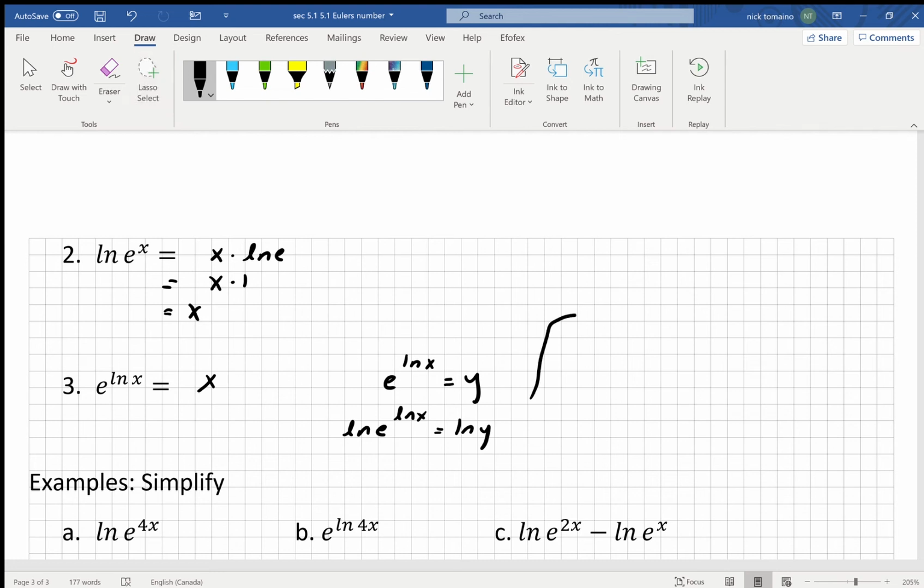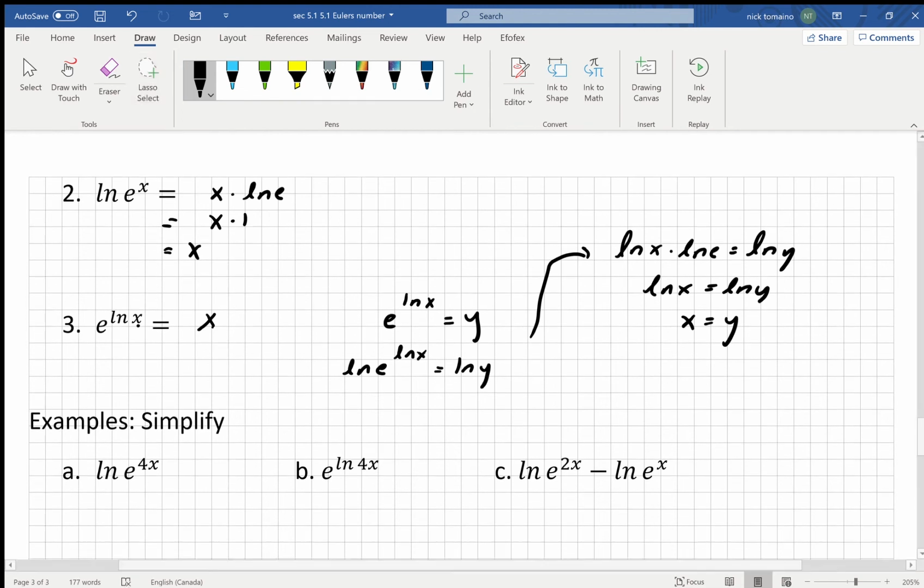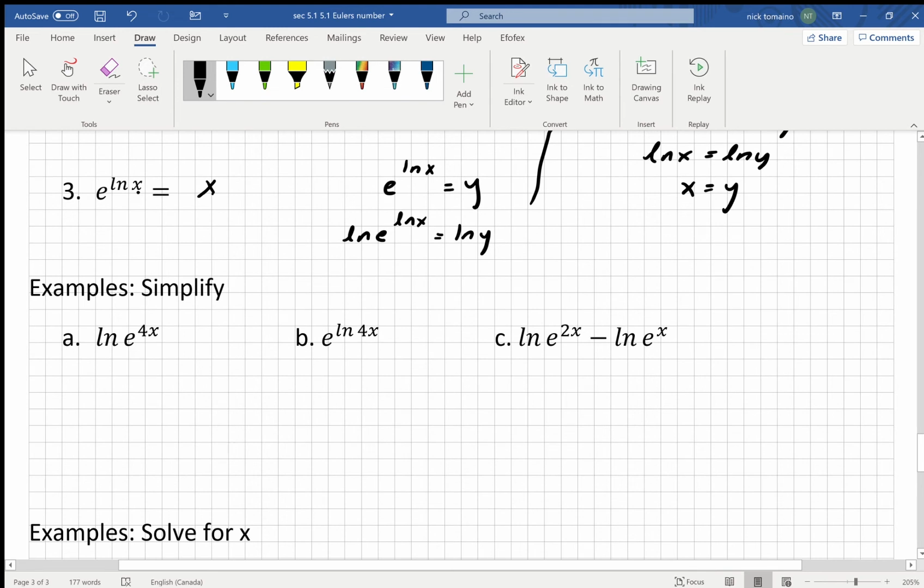So ln x times ln e equals ln y. Remember, ln e is 1, so we get ln x is equal to ln y, and that means that x is equal to y. So just like we said here, x is equal to y. Okay, perfect.